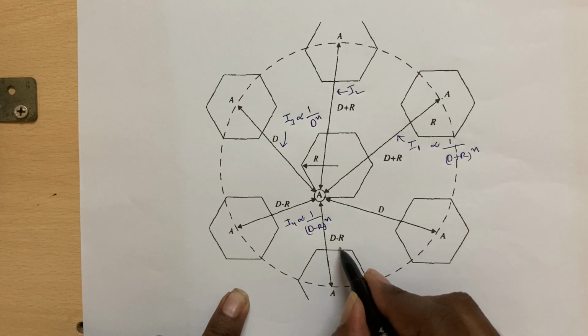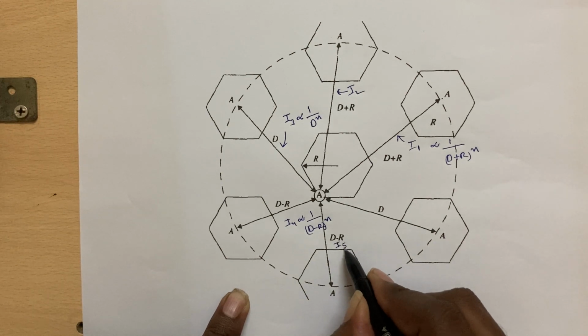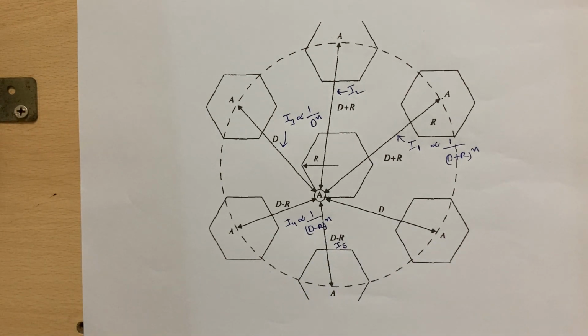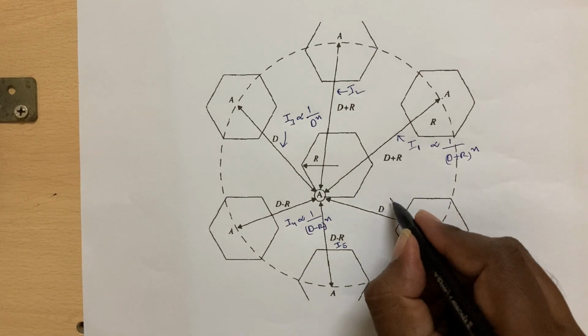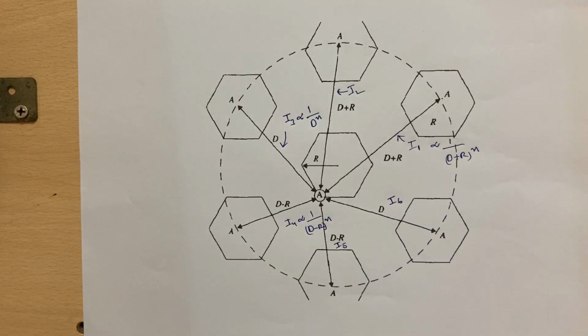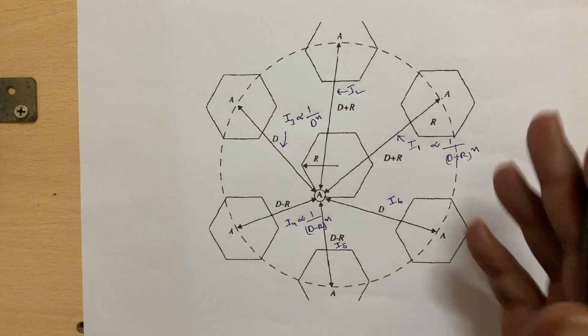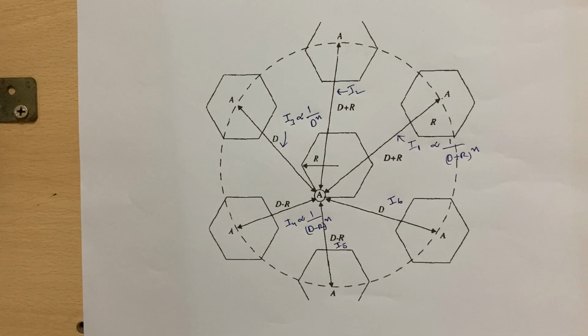And I5 is the same as I4, because the distances are the same. And I6 is similar to I3. So this is actually a somewhat exact analysis.